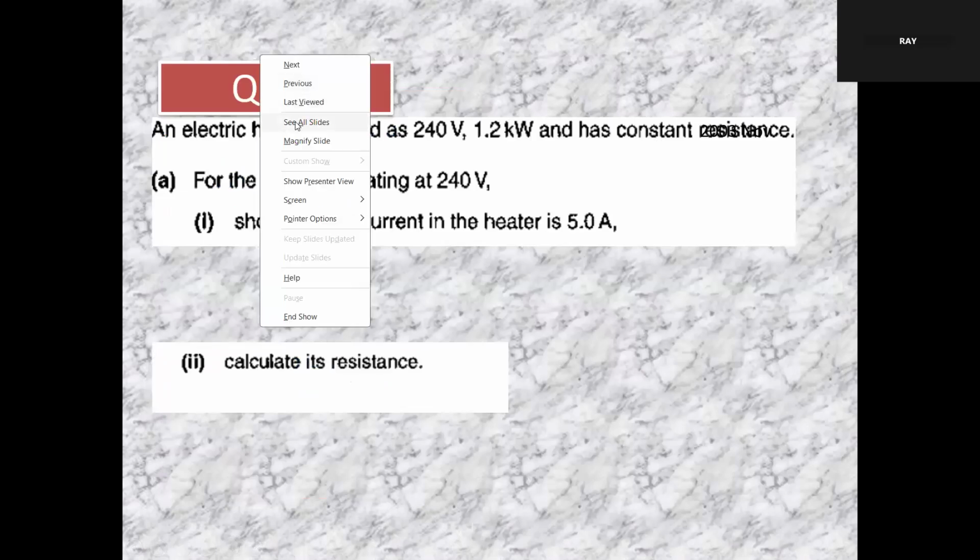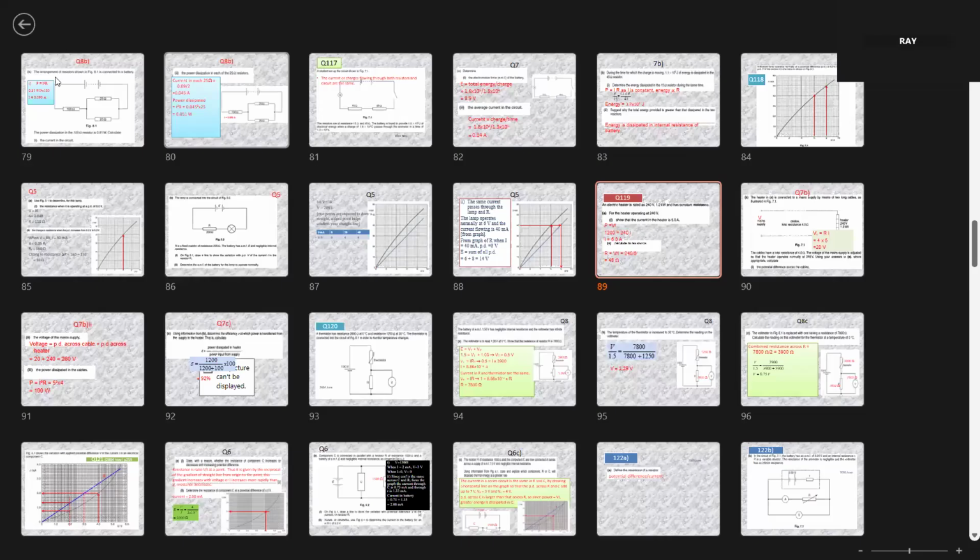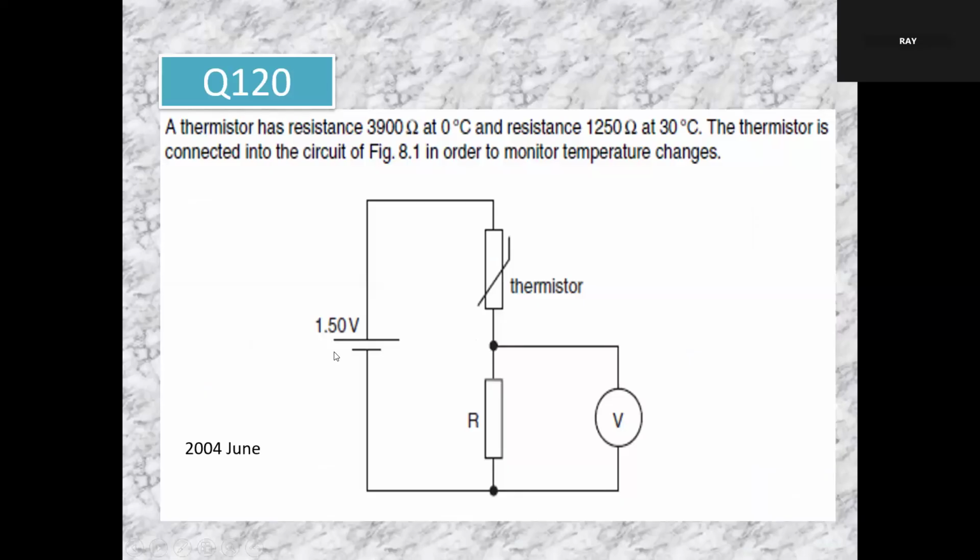Okay, let's try something else. Let's try potential divider. The thermistor has a resistance of 3900 ohm at 0 degrees Celsius and 125 ohm at 30 degrees Celsius.